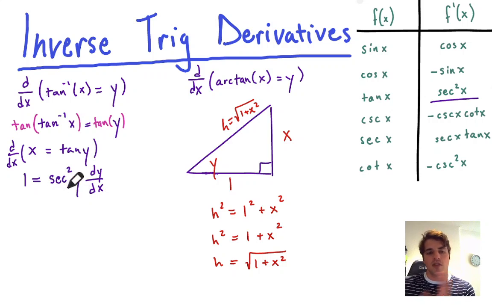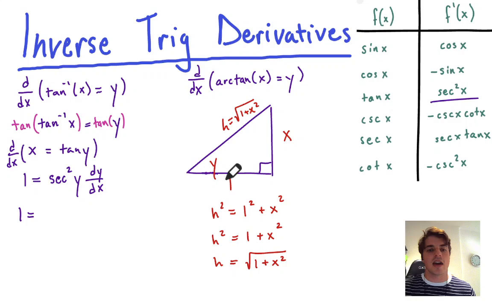And of course, I've left secant squared on the right side, but actually, it may have made more sense to divide by secant squared. That's so we would have this in terms of cosine, but it really doesn't matter. Okay, so we have 1 equals secant squared of y. Secant is the opposite of cosine.